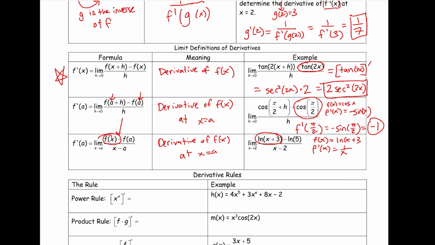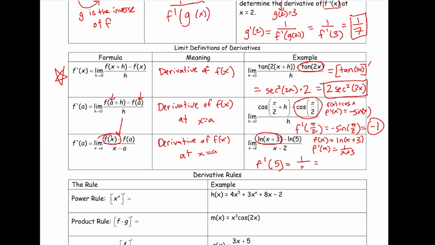So the derivative here is going to be 1 over x plus 3 times the derivative of x plus 3, which is just 1, so I don't need to really worry about that. So if I want to find f prime at 5, that would be 1 over 5 plus 3. Gosh, I'm going crazy here.